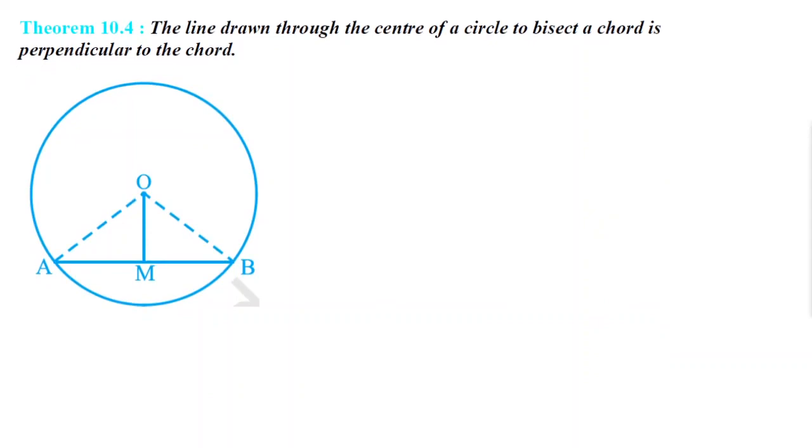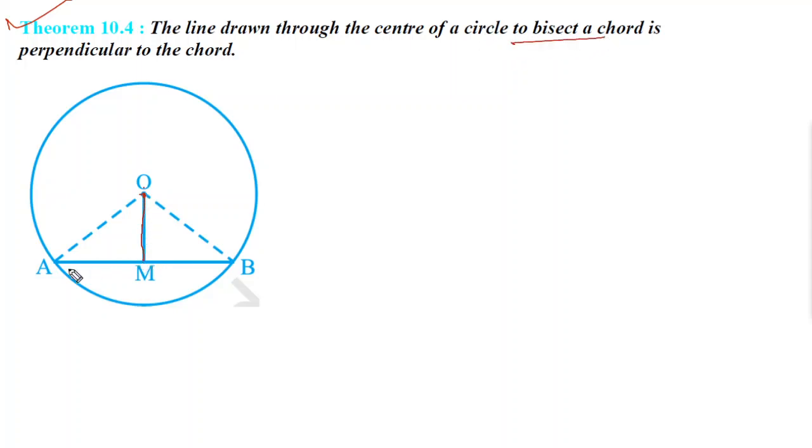This theorem is also related to the 10.3 theorem. Let's read it. The line drawn through the center of a circle to bisect a chord is perpendicular to the chord. So here you can see the center of the circle is O. The line drawn is OM to bisect the chord.